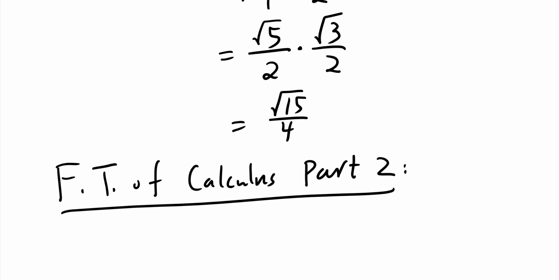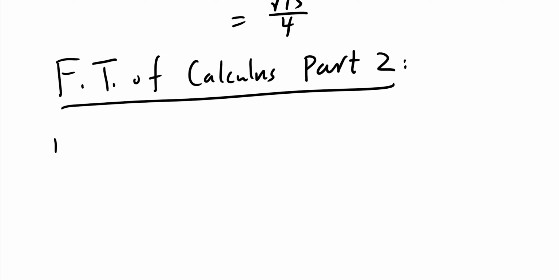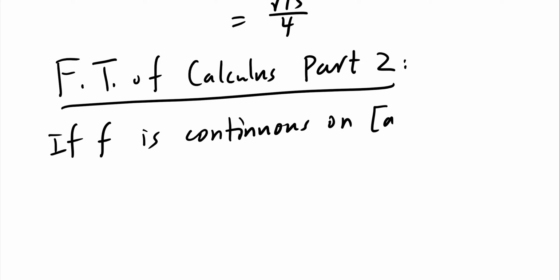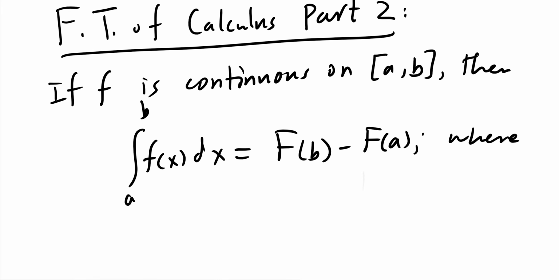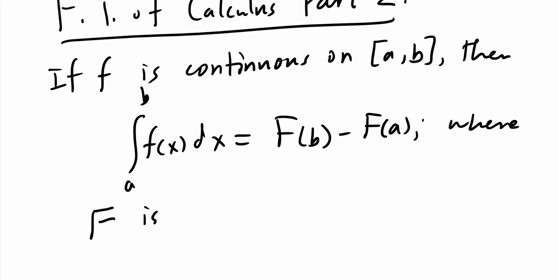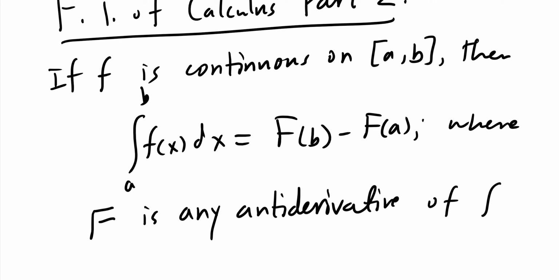Part 2 says if f is continuous on the closed interval [a, b], then the integral from a to b of f of x dx is capital F of b minus capital F of a, where capital F is any antiderivative of f.